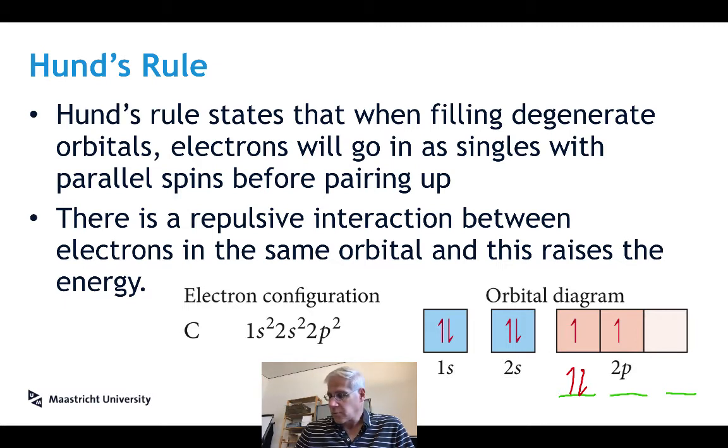Well, that doesn't work because it's easier and takes less energy to put the electrons like this in 2 different orbitals with a parallel spin. That's the lowest possible energy. Here we have 2 electrons that are in the same orbital, so they have to overcome a repulsive interaction because the electrons are both negatively charged, and that raises the energy, and so that's not the lowest possible energy configuration.